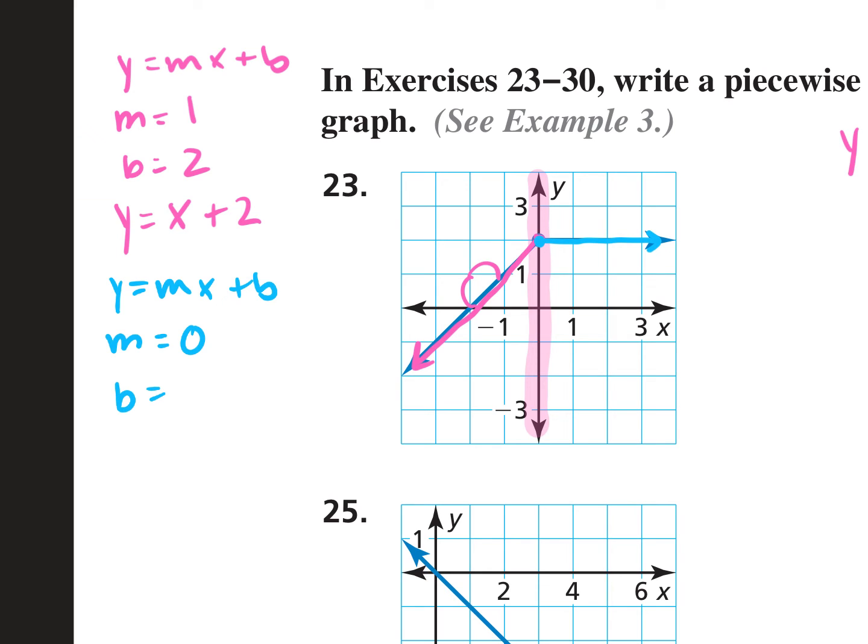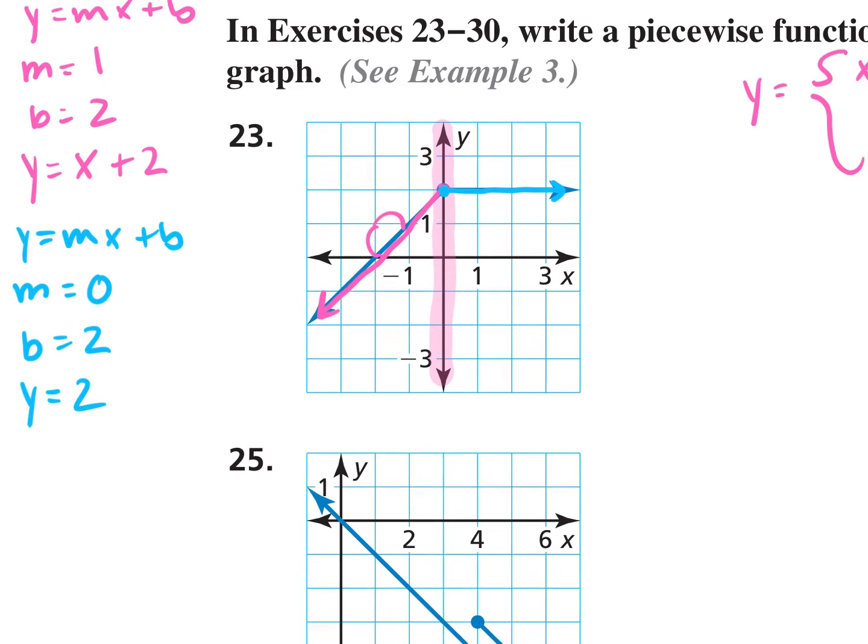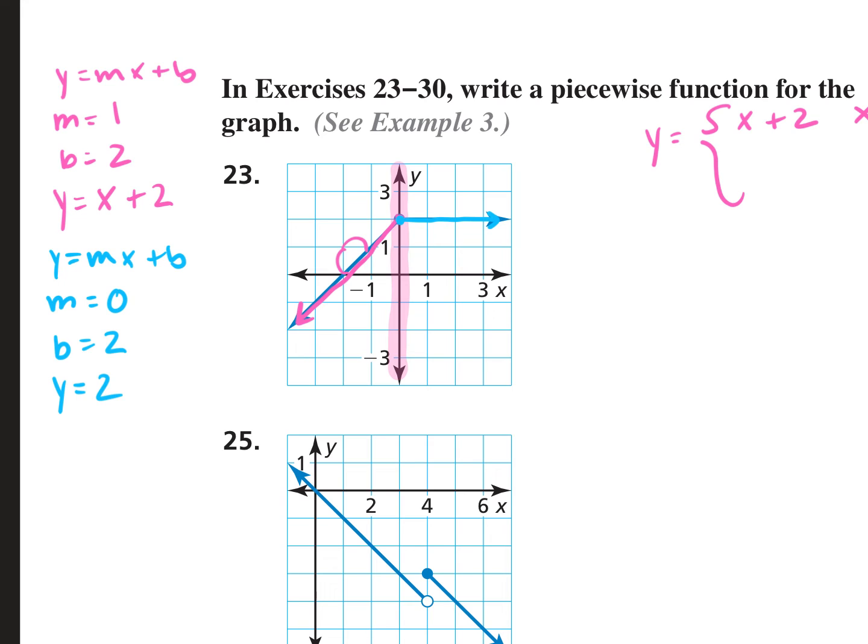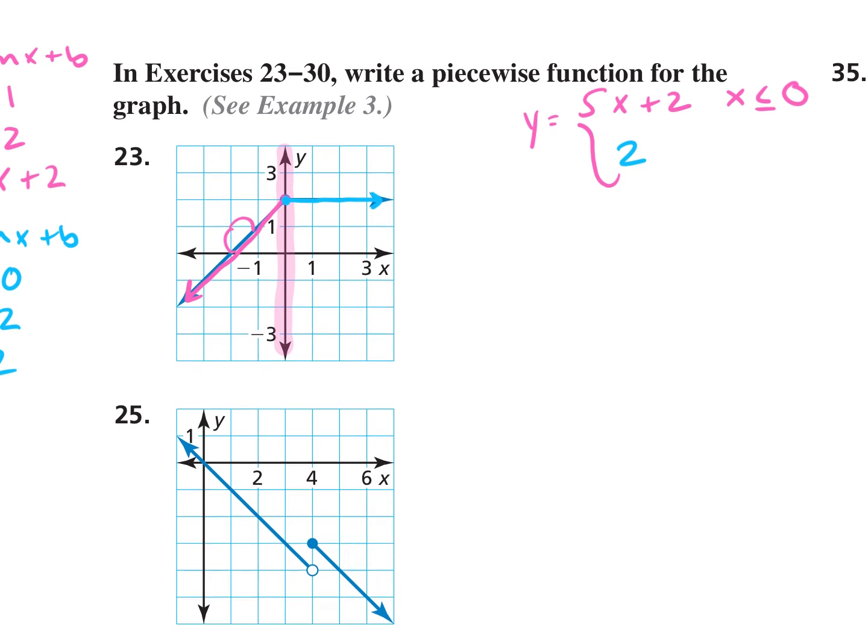Anytime we have a flat line, a constant line, your slope is 0. So what's my b? 2. So what does y equal? 2. Perfect. Because we don't have any slope, so we don't write an x. So y is equal to 2. Anytime it's a constant line, it's just going to be y is equal to a number. So y is equal to 2.